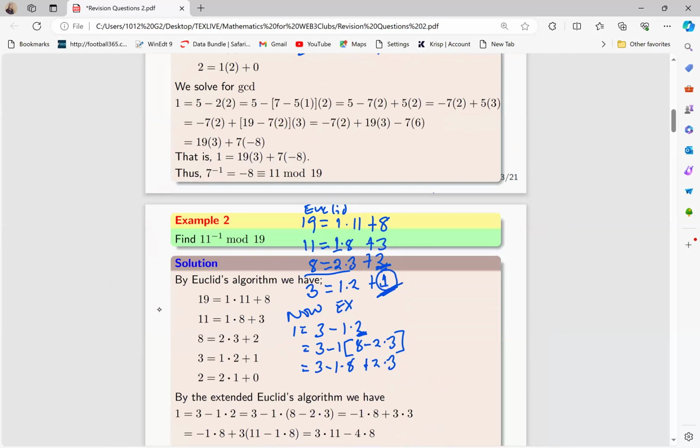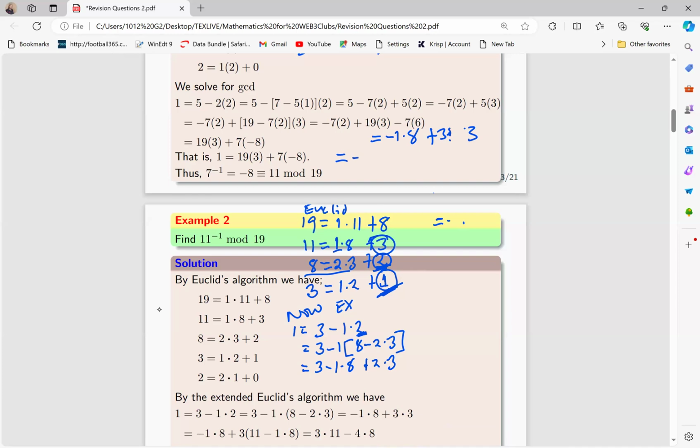So let me write it above here. This gives me -1 times 8, plus 3 multiplied by 3. Which equals, we had replaced this remainder. Now the next remainder is 3 that we want to replace.